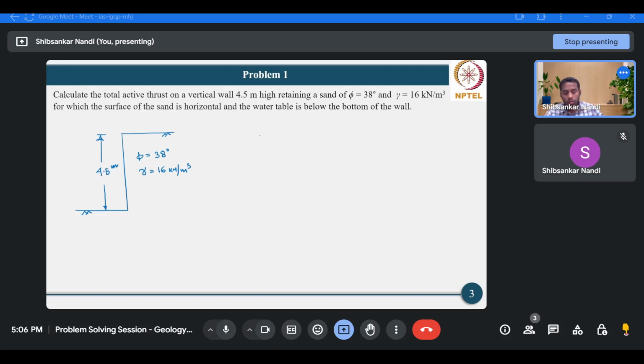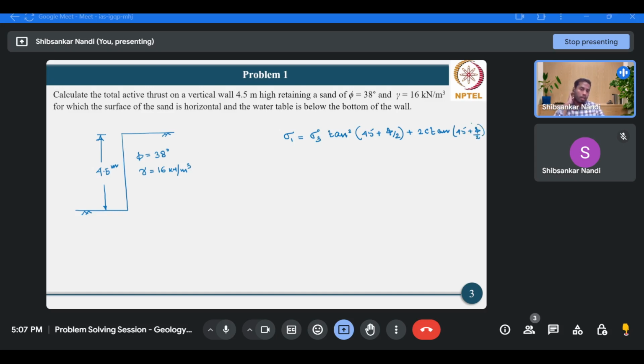Now, as you know, this important relationship: sigma 1 equals sigma 3 tan square (45 plus phi by 2) plus 2c tan (45 plus phi by 2).